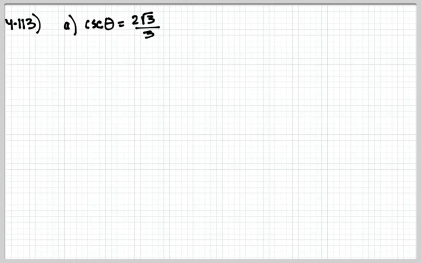So now we're kind of going backwards. The question is, where on the unit circle is the cosecant equal to this? To think about this, we need to translate cosecant to 1 over sine of theta. These are the same thing. 1 over sine of theta would equal 2 rad 3 over 3.